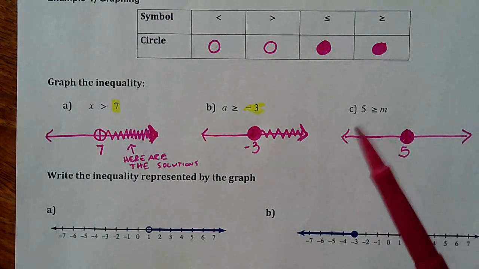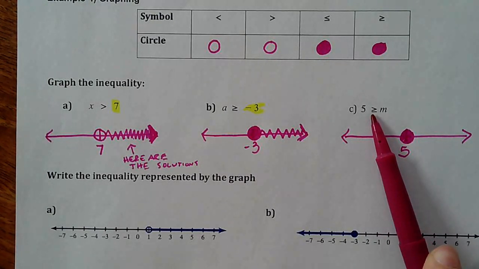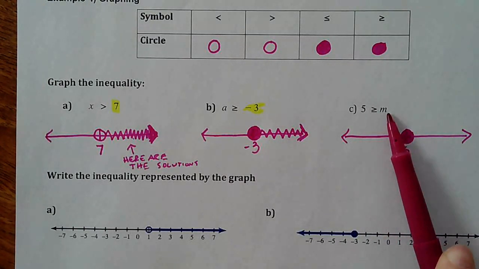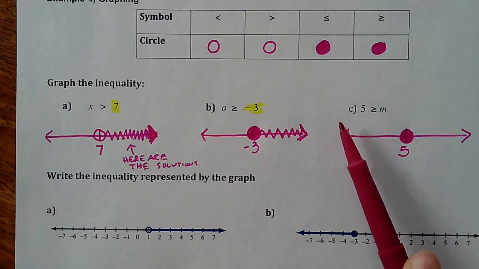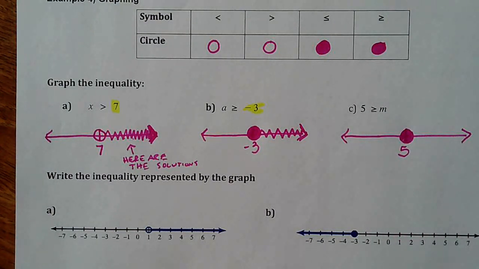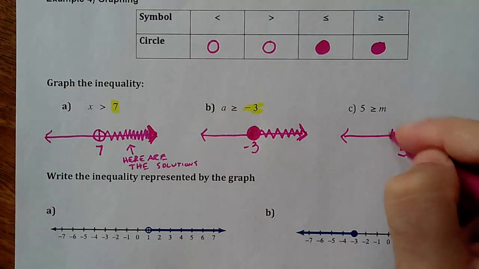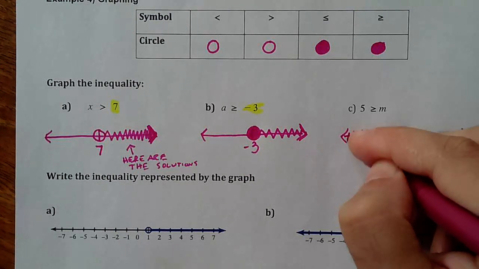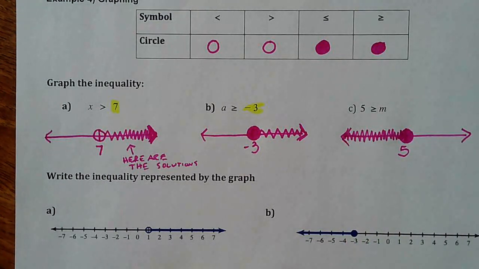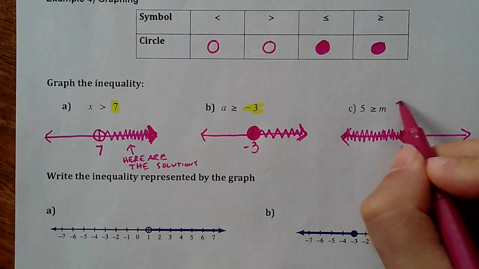Now let's think about this. 5 is greater than or equal to all of my numbers, which means 5 is the highest number, which means all of the numbers that 5 is greater than are over here. And that's where that whole idea of the symbol pointing the way you shade would not work.